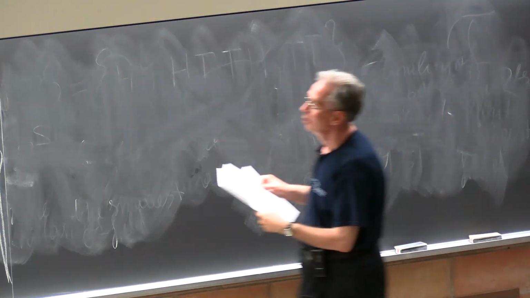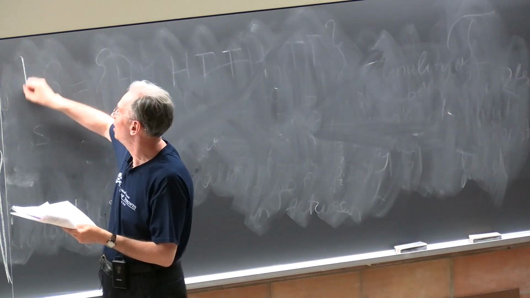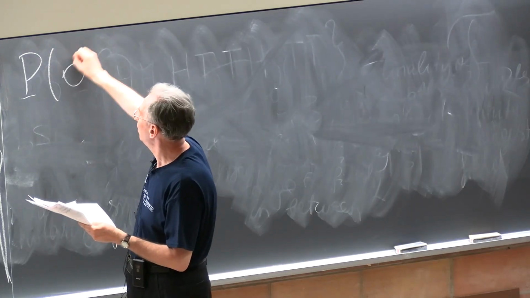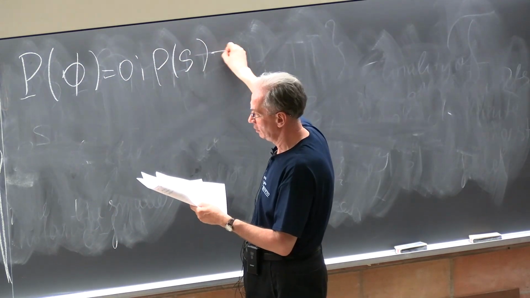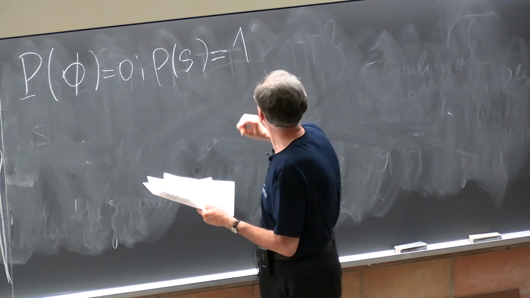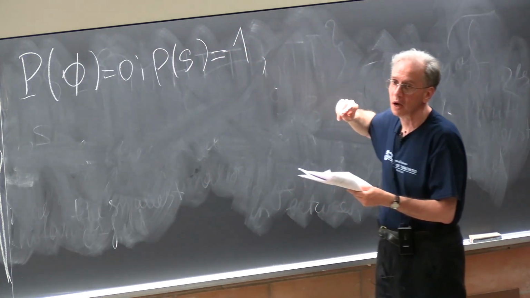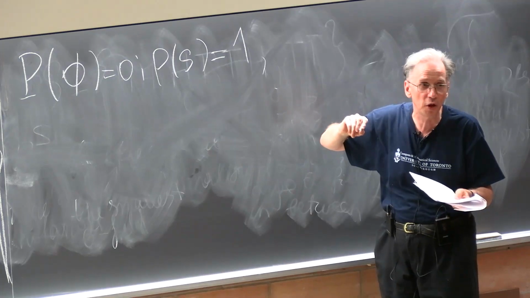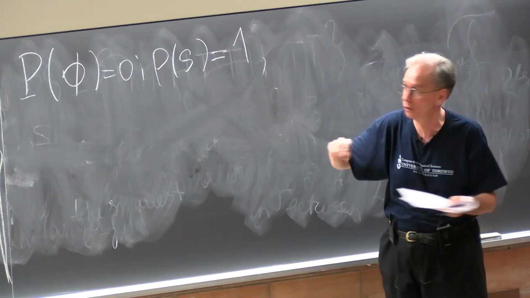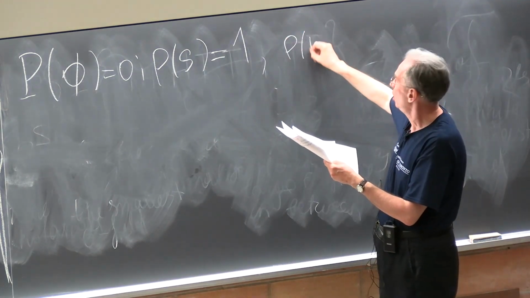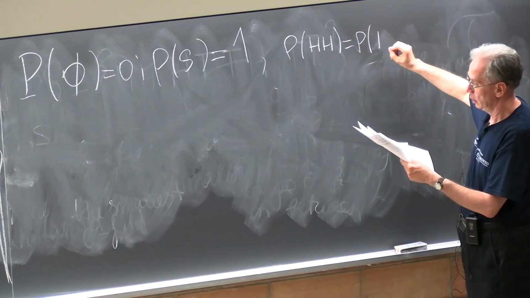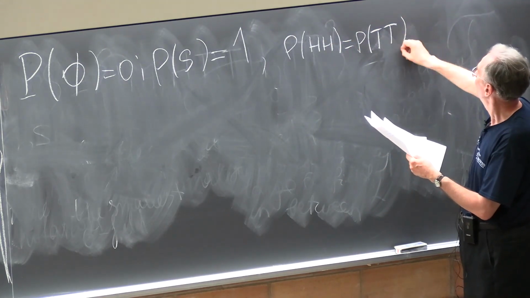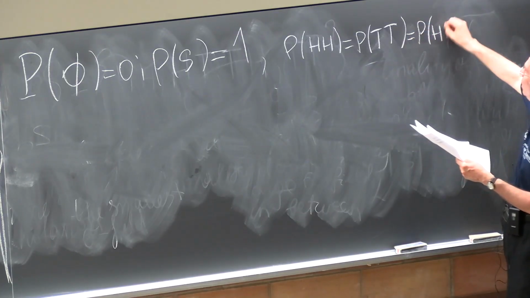Okay. So the first two are easy, yeah? P of empty set is 0, P of S is 1, and then probabilities of all 4 elementary outcomes are equal 1/4 each. So P of HH is P of TT, which is P of HT.